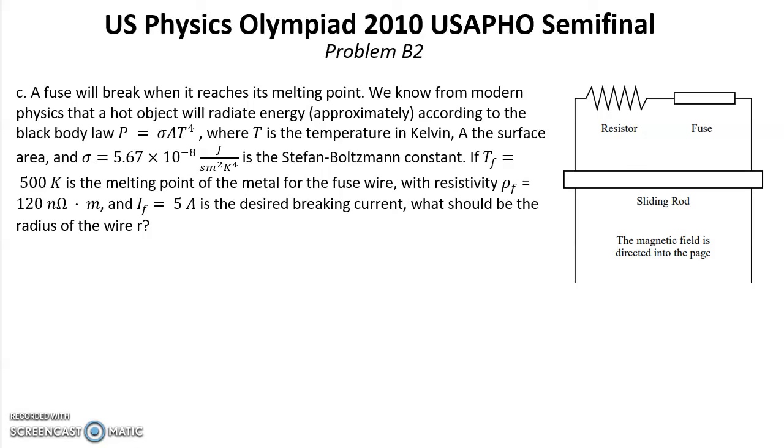If T fuse equal to 500 kelvins is the melting point of the metal for the fuse wire, with the resistivity rho equal to 120 nano-ohm meters, and I fuse equal to 5 amperes is the desired breaking current, what should be the radius of the wire R?